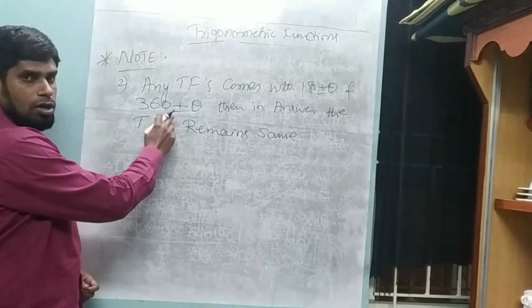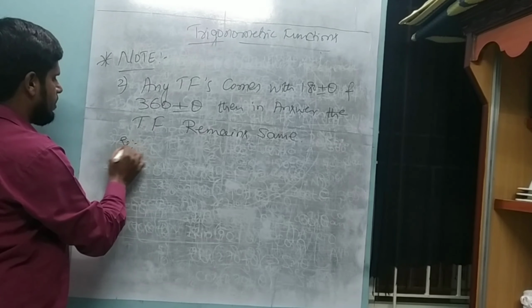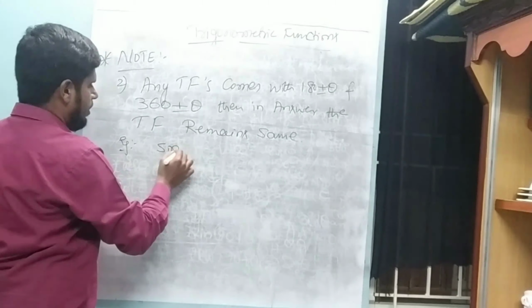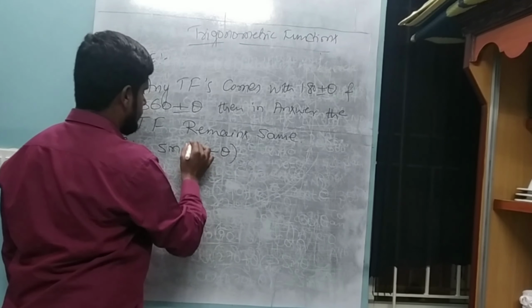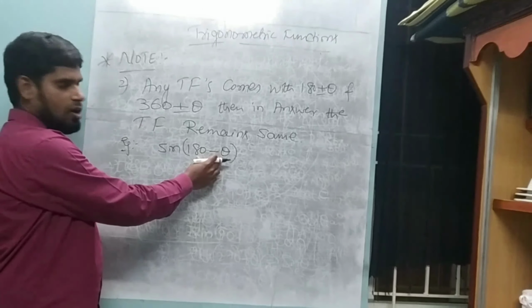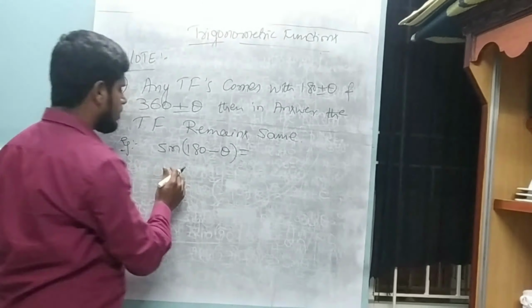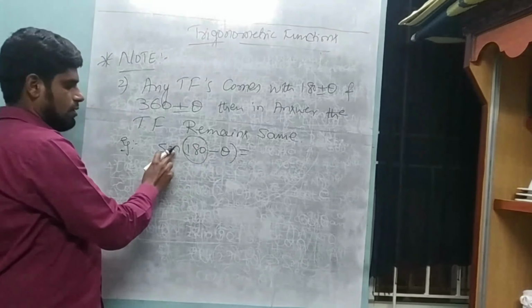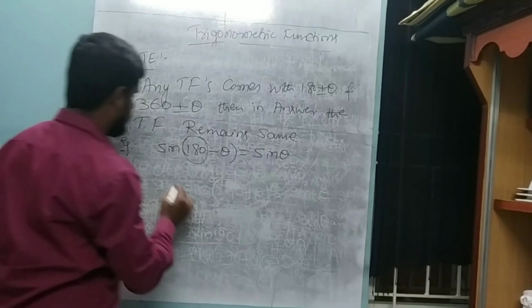But the sign of the answer comes with respect to the quadrants. Okay, we'll take some examples. For example, student, if I take sine 180 minus theta, it is in the second quadrant. Obviously, in the second quadrant sine is positive, so it gives a positive answer. Because of 180, sine remains sine. So it is sine theta.